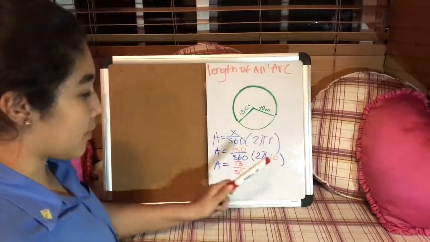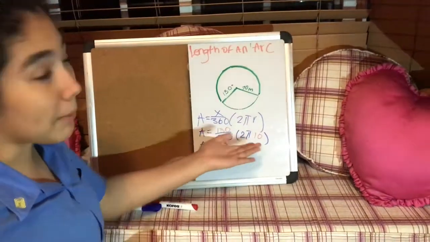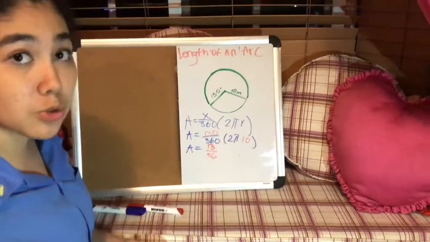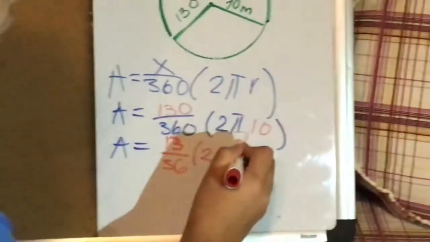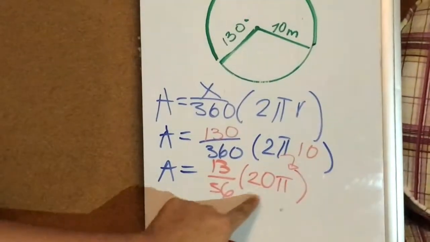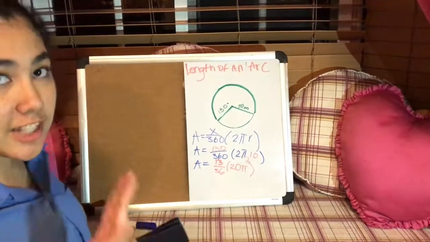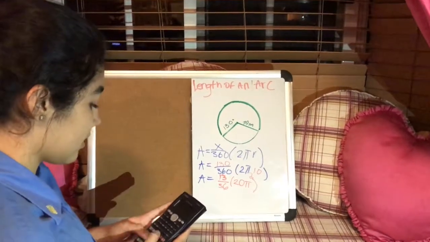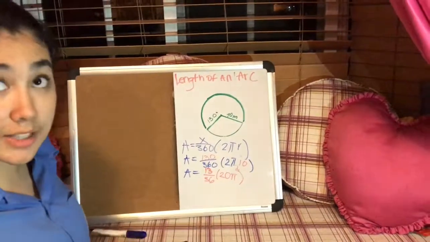We're going to solve this part. It will be easier just to plug in the numbers, but let's make it step by step. We're going to just multiply 2 times 10, which is equal to 20. So we put 20 and put pi down like this. So it will be 13 over 36 times 20 pi. To make things easier, we're just going to plug this into the calculator: times 20 pi, which is equal to 22.689.